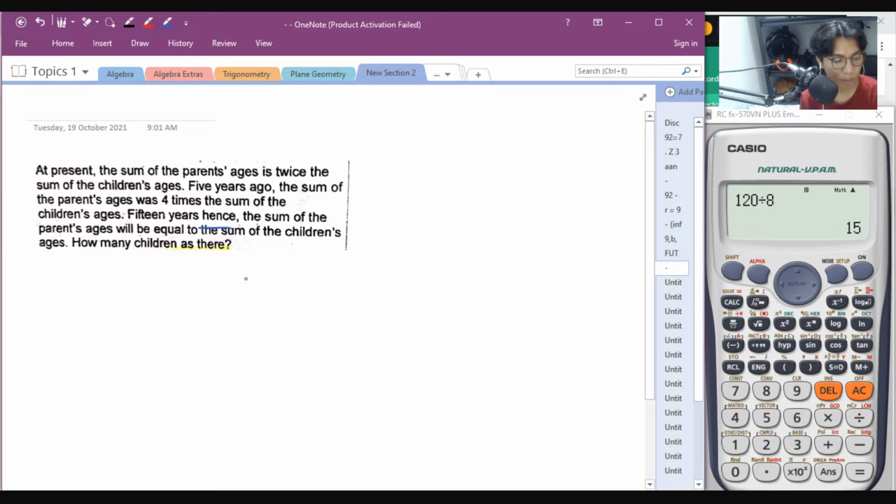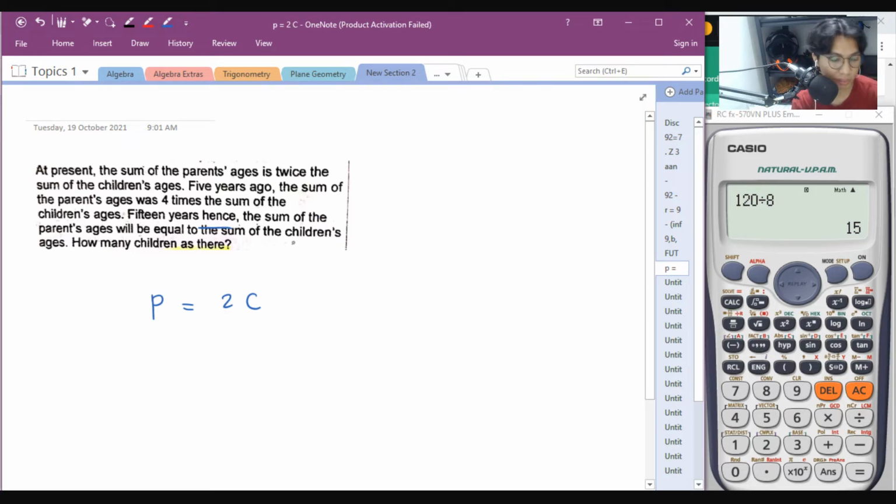Ganito po. So, sabi dito, at present, the sum of the parents' ages is twice. So, you let yung sum of the parents' ages as P and then twice nung sum nung children's ages. Okay? 5 years ago, the sum of the parents' ages, okay? 5 years ago.